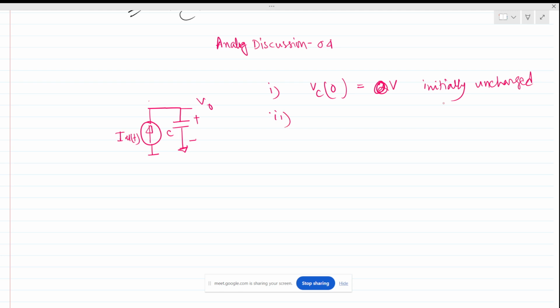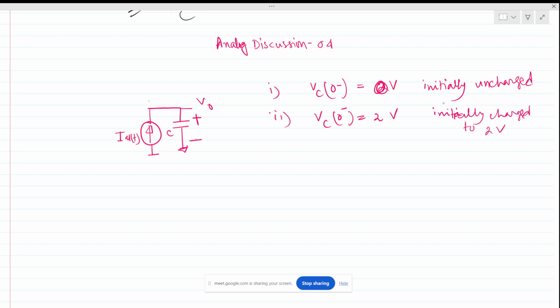And second case, the capacitor is charged to, let's say, 2 volt. So this is initially charged to 2 volt, and the polarity will look like this.